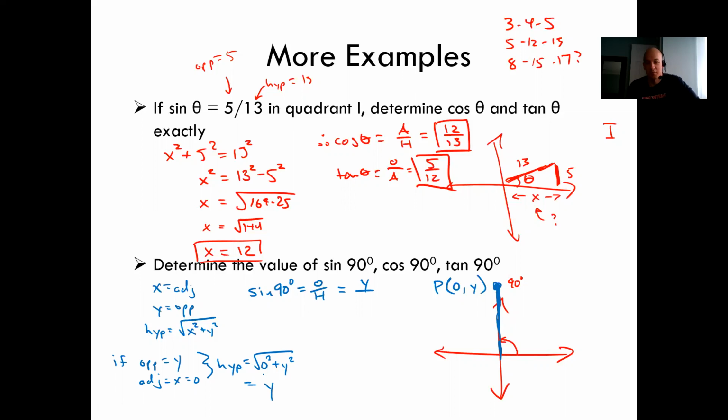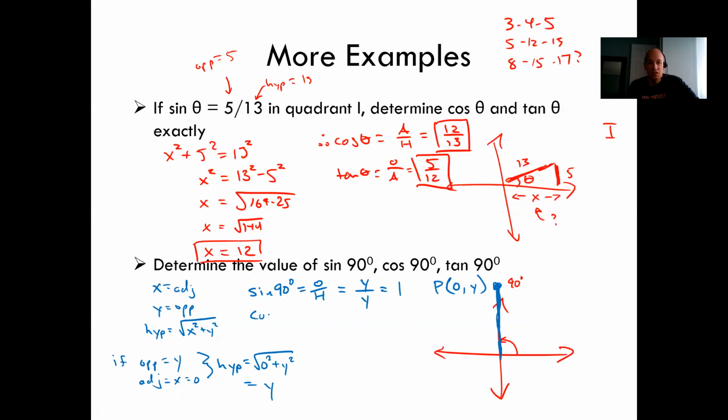Yeah, I know it's supposed to be the absolute value of y, but we're not even going to touch that here because everything's positive in this case. Anyway, the hypotenuse is the same length as the opposite side, so the ratio of the two is equal to 1. Sine 90 gives you the ratio of how long the opposite is to the hypotenuse. Think about it, this triangle goes up and then comes straight back down, the two sides are the same, which means the ratio is 1. So sine of 90 is 1.